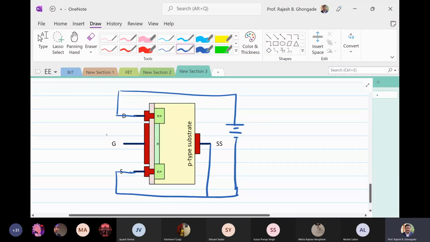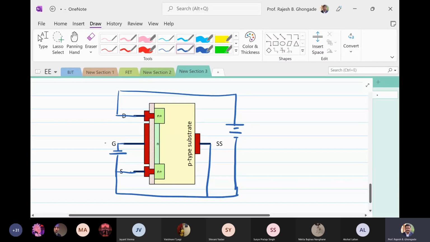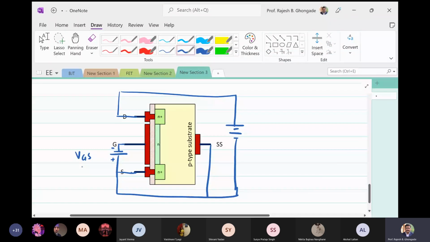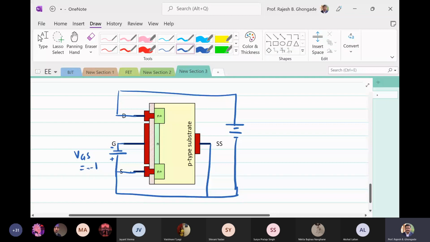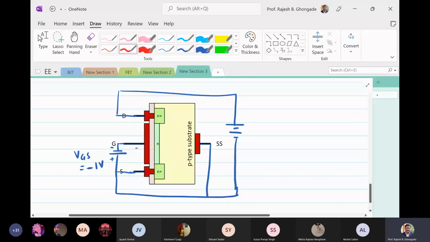Substrate and source. Now इसके बीच में अगर नेगेटिव वोल्टेज यूज करो VGS which is -1 volt, तब क्या होने वाला है? So what will be the voltage at this gate over here? यहाँ पे क्या वोल्टेज होगा? नेगेटिव होगा ना?